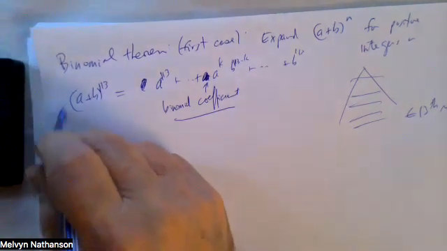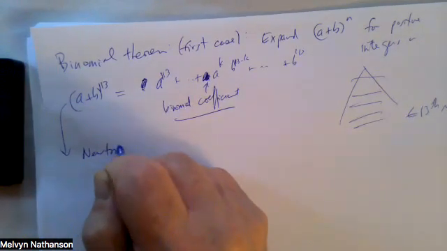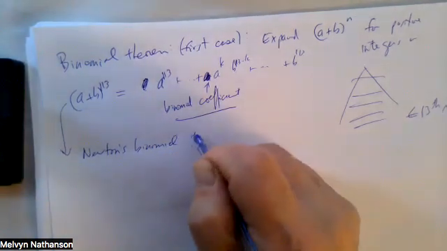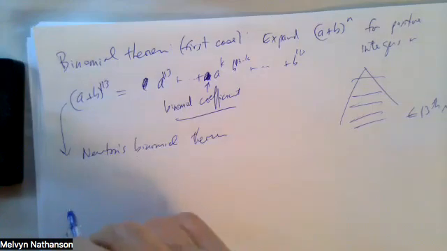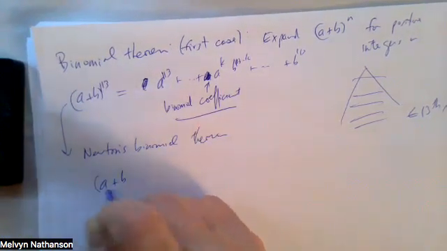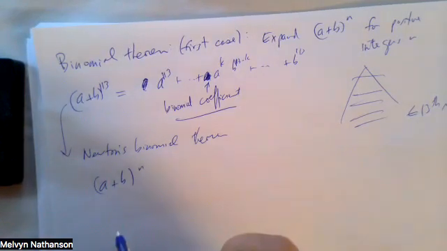So what I want to work up to is what is called Newton's binomial theorem, where we expand a plus b to the n, but actually it's much more powerful than that.